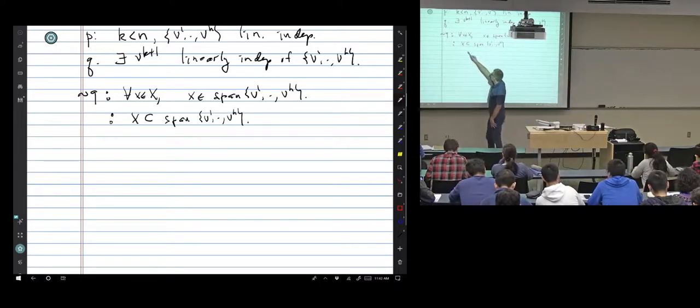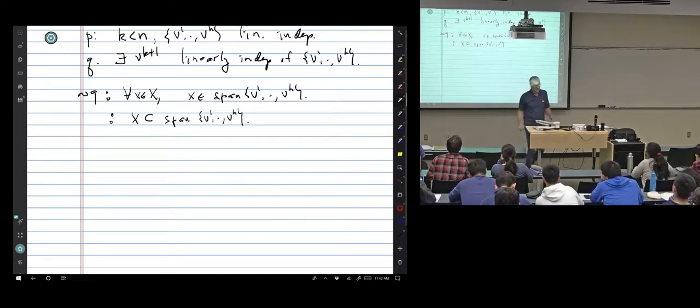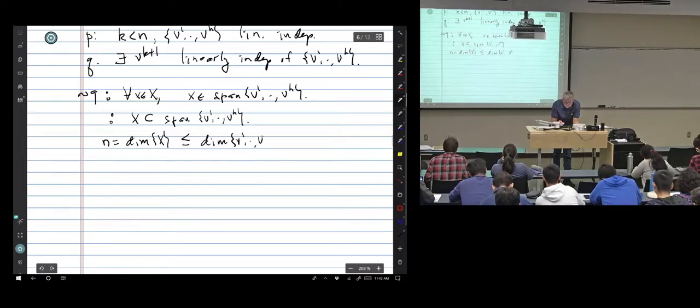Now, the dimension of X is then upper bounded by what? K. Okay? So then, n equals dimension of X is less than or equal to dimension of span of v1 to vk.